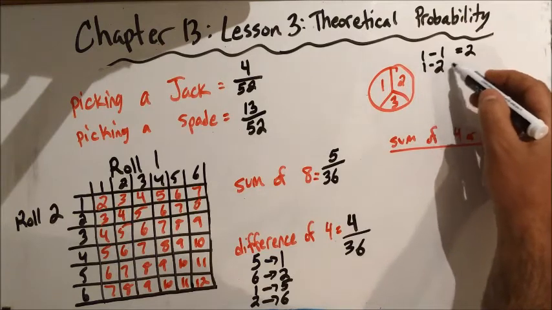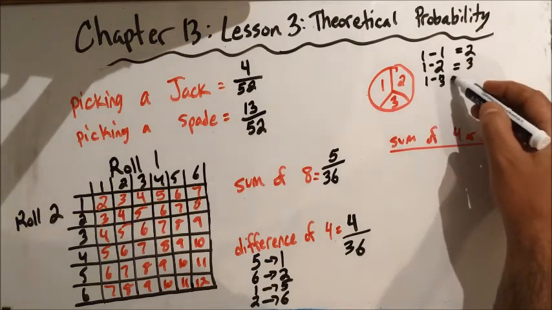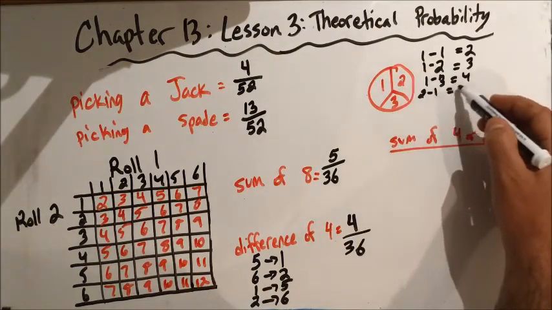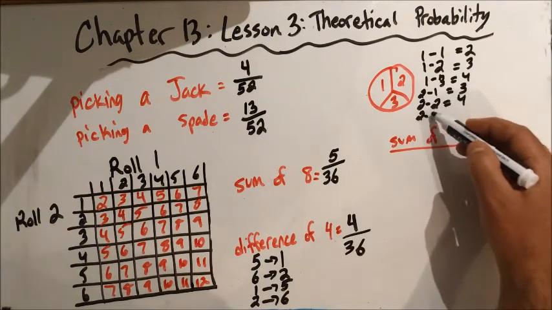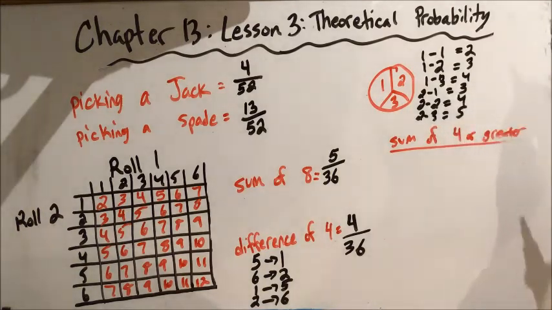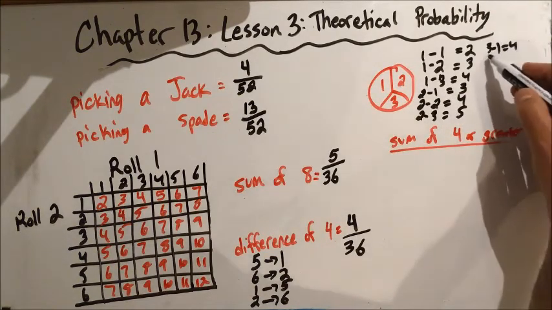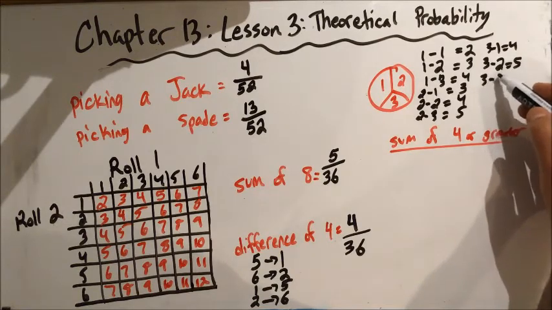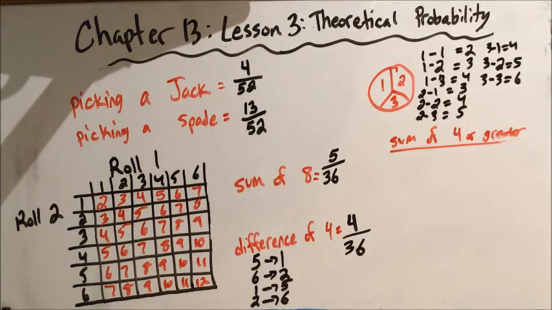I could spin a 1 and a 2, which would be 3, and a 1 and a 3, which would be 4. I could also spin a 2 and a 1, which would be 3, a 2 and a 2, which would be 4, and a 2 and a 3, which would be 5. And then a 3 and a 1, which would be 4, a 3 and a 2, which would be 5, and a 3 and a 3, which would be 6.